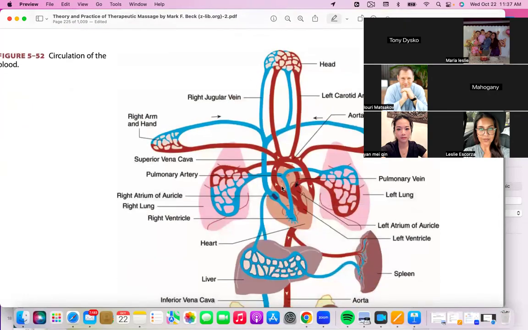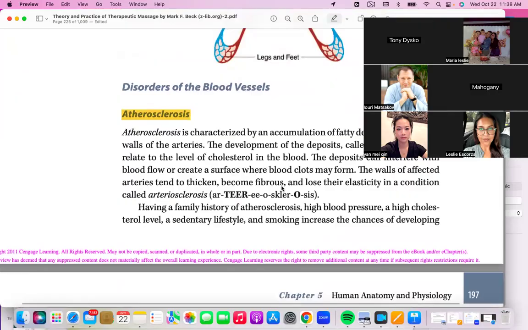We talked about the flow of the heart, and let's talk a little bit about the disorders, and then we'll take a break. Okay. So arteriosclerosis is a condition characterized by an accumulation of fatty deposit on the inner wall of the arteries.